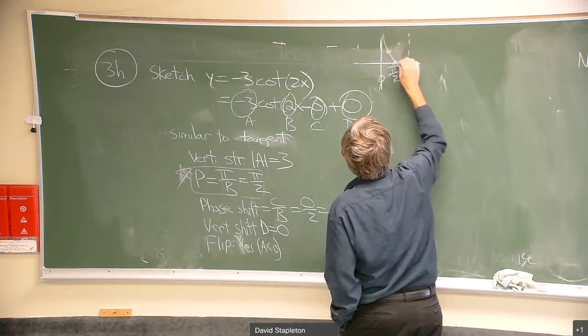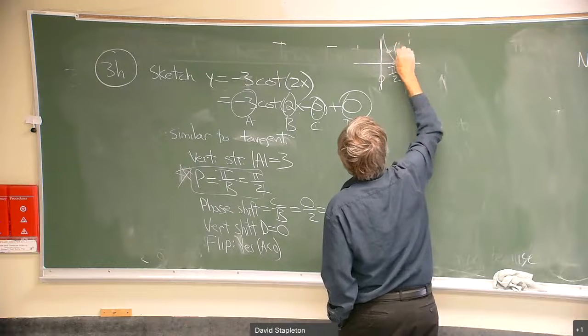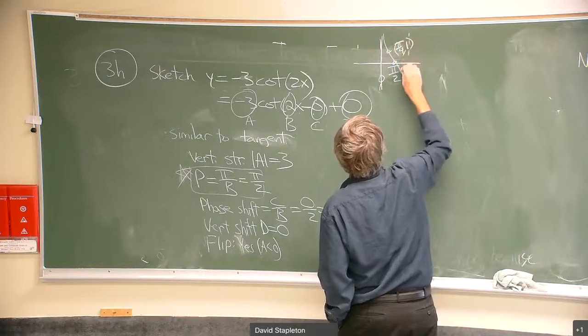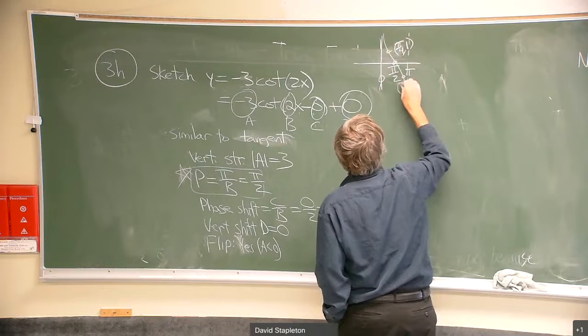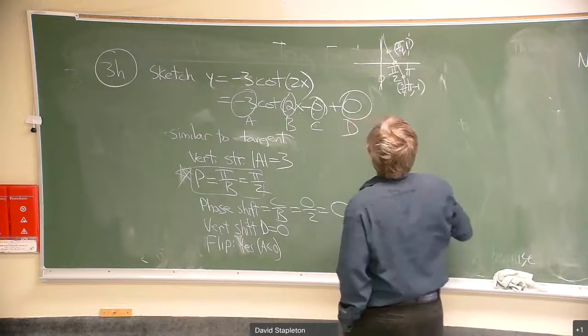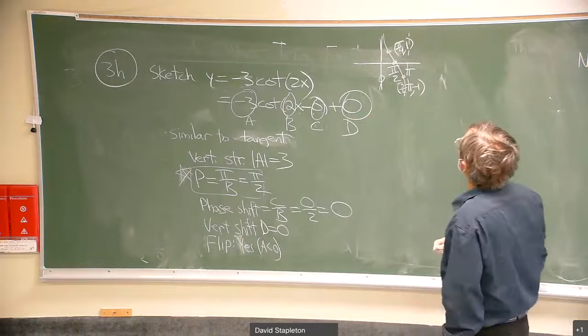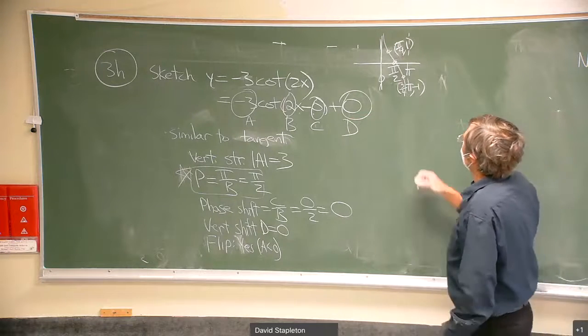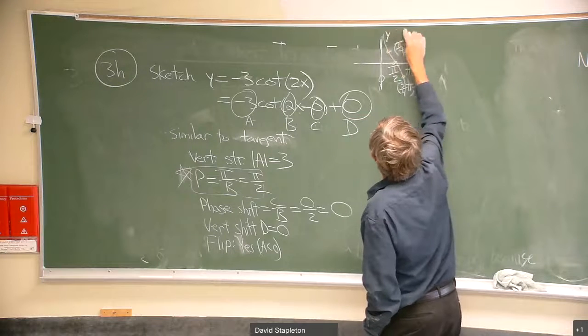And then it has these points halfway in between. Halfway in between here, at pi over 4, the unstretched cotangent is at 1. Halfway between here, at 3/4 pi, it's at minus 1. So there it is, the basic cotangent that we drew on the other board.